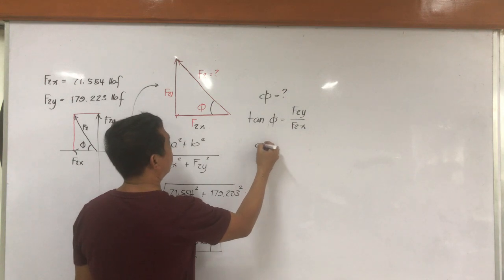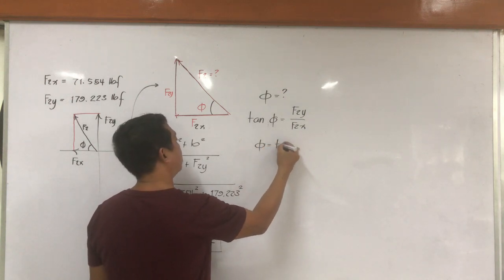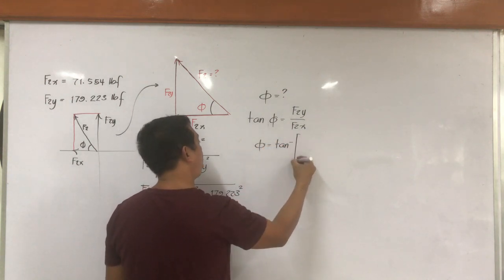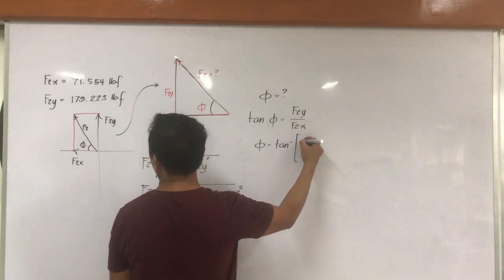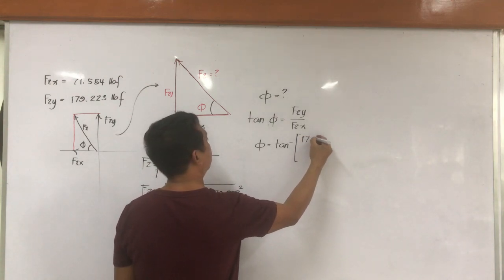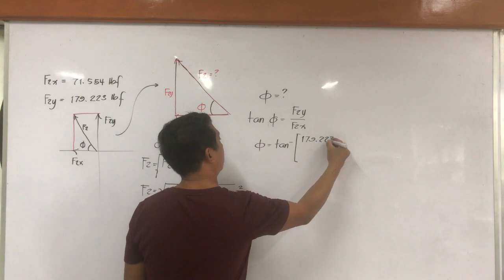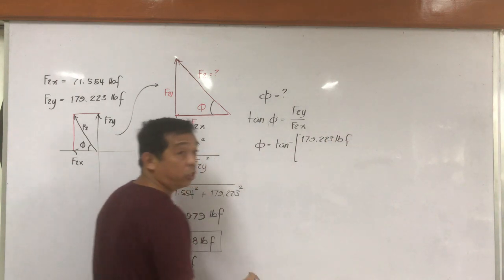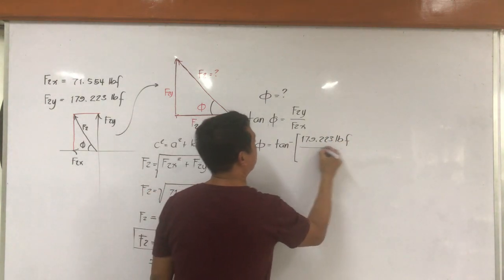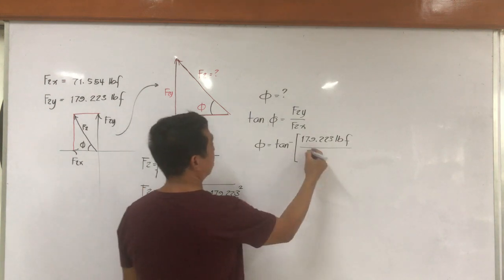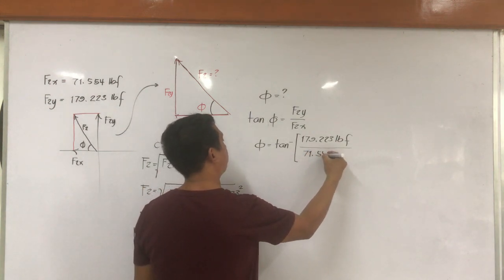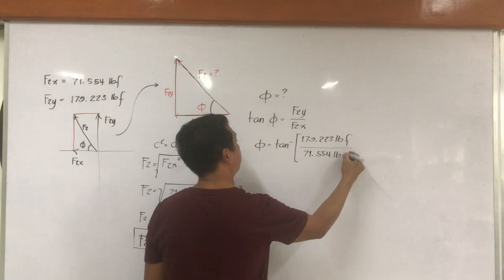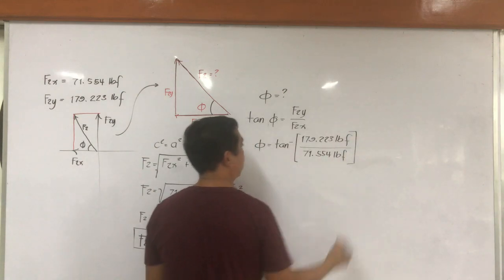Tapos, we will have the expression phi as the inverse tangent of the quantity F2y, which happens to be 179.223 pound force, that needs to be divided by your F2x, 71.554 pound force, closing them in.